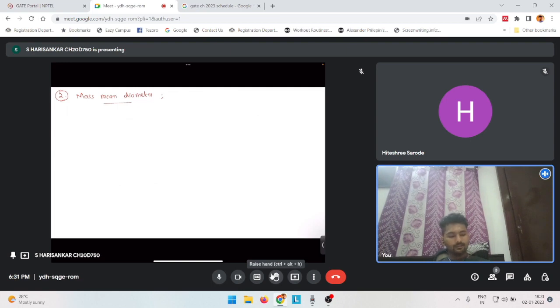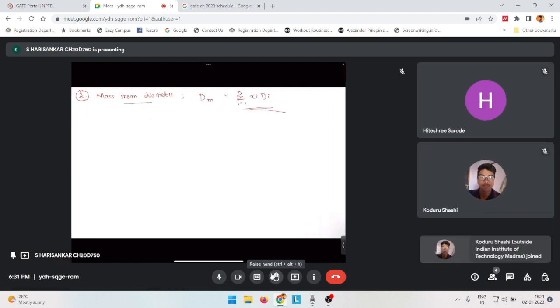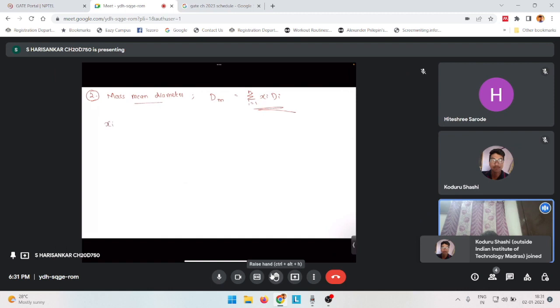So this is basically, let's say dm will be sigma of i equal to 1 to n xi di, where xi is basically your mass fraction of particles having a diameter di. So this is another mean diameter that we can define for characterizing the sizes of particles.